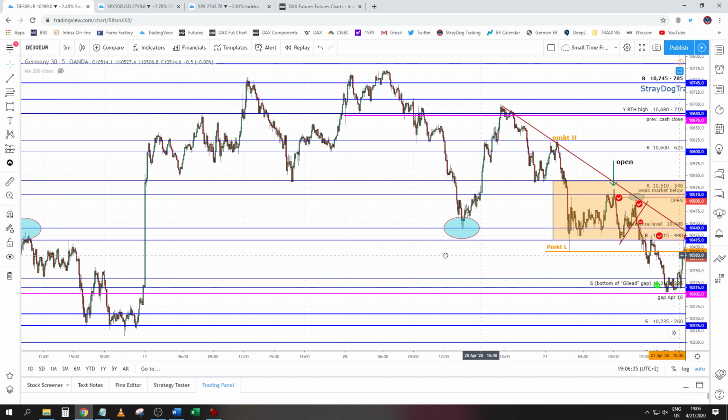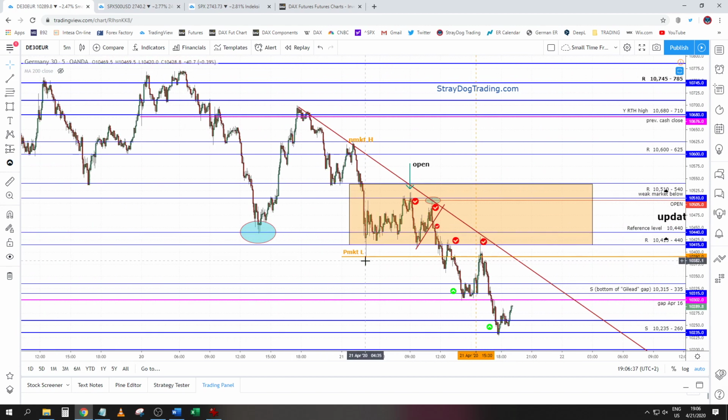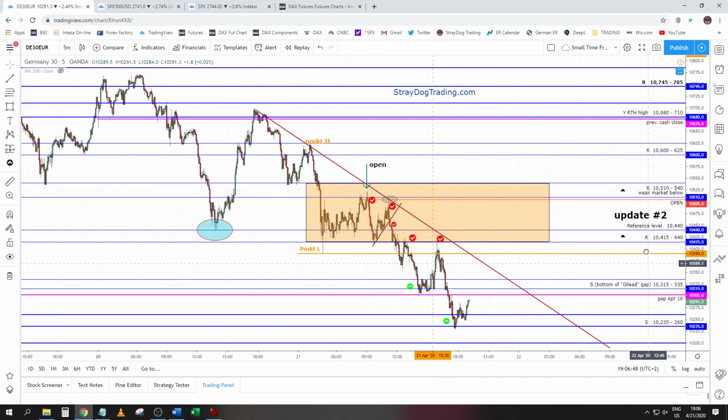Resistance, support, holding here, poke below, support, resistance, resistance, range. This got broken, next range, next range. So that is how the market is moving.